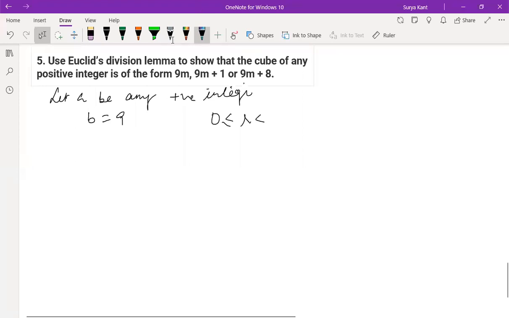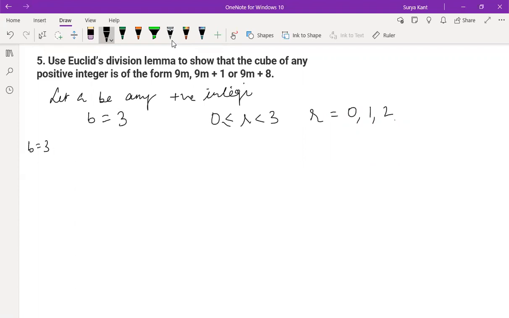Okay, now see, take 9 is equal to this. You take b equal to 3, and r is between 0 and 3. So r is equal to, you can write 0, 1, and 2. So here b is equal to 3 and r is equal to 0, r is equal to 1, r is equal to 2. Okay, there are 3 steps.